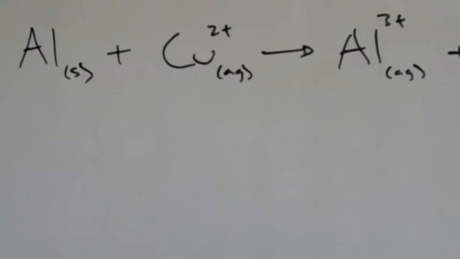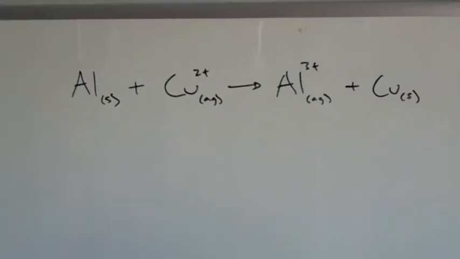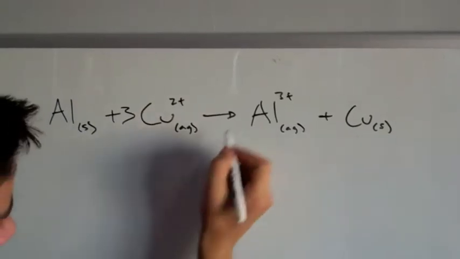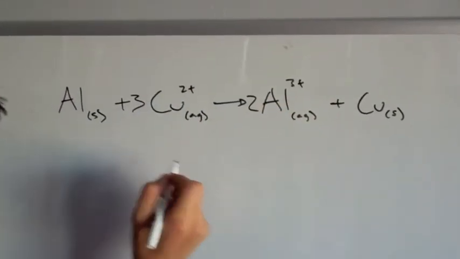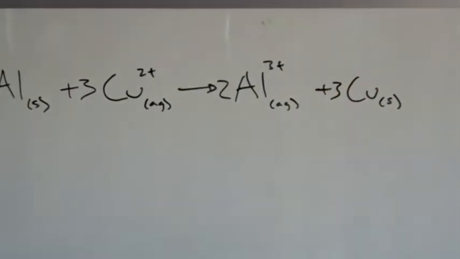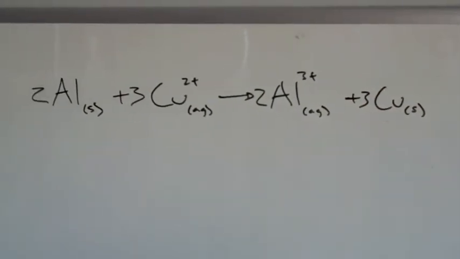And now we have to balance this equation, so we're going to put 3 there, 2 there, 2 there, 3 there. So this is the balanced chemical equation.